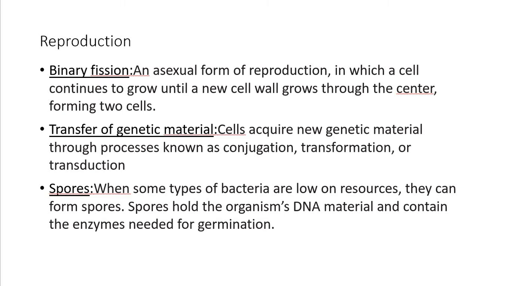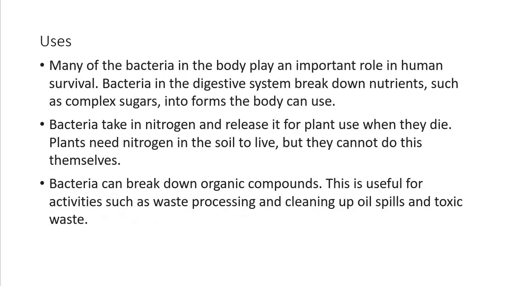Reproduction also takes place by spores when some types of bacteria are low on resources. They can form spores. The spores hold the organism's DNA material and contain the enzymes needed for germination. Thus, the reproduction of bacteria takes place.